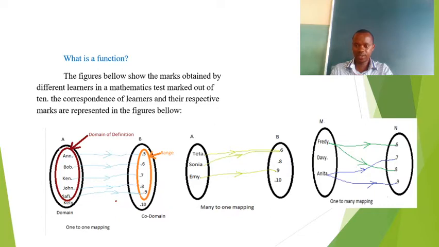This relationship where every element is in relation with only 1 image is called one-to-one relationship, or one-to-one correspondence, or one-to-one mapping simply. For the second figure, you can see that Teta and Sonia have 1 image.